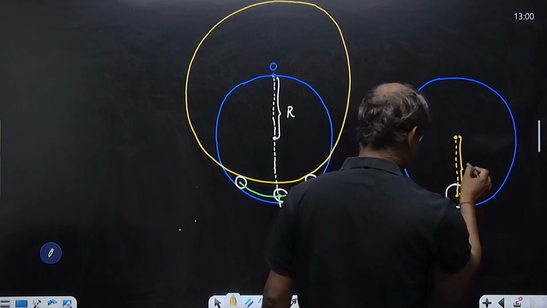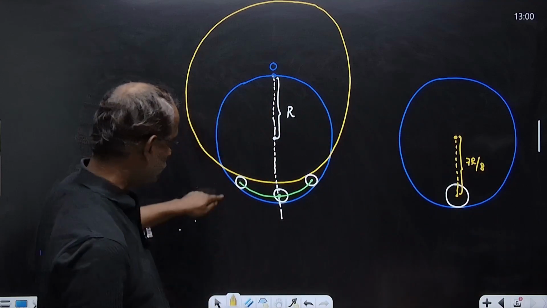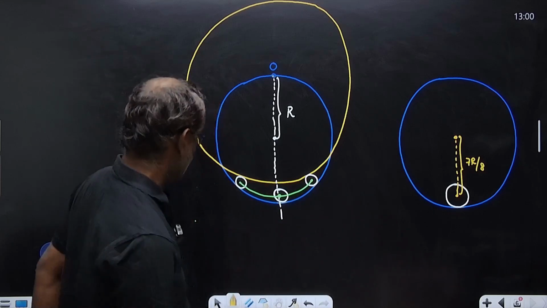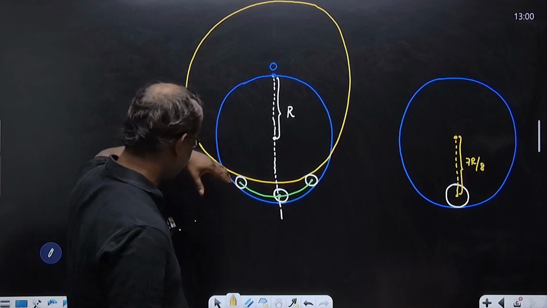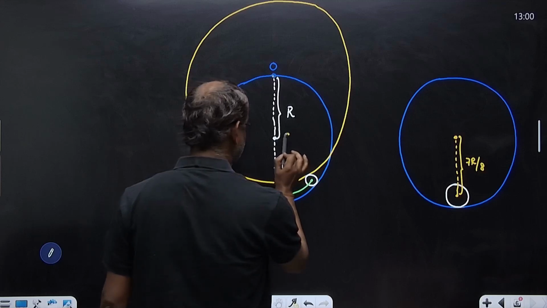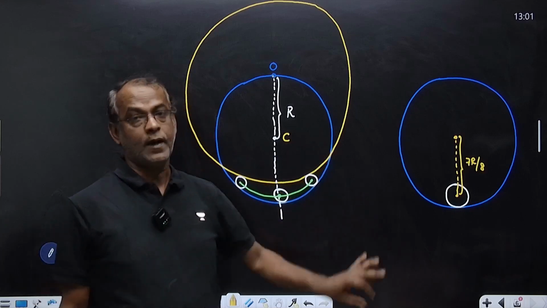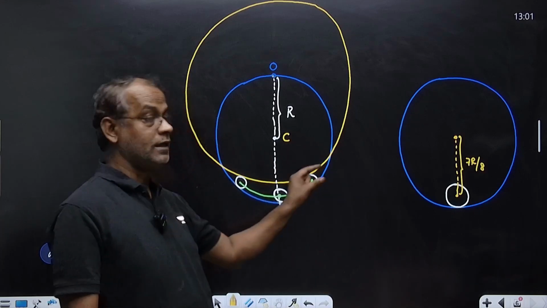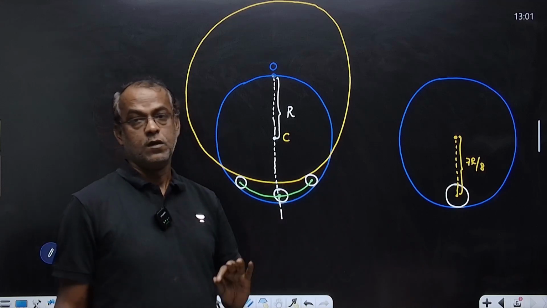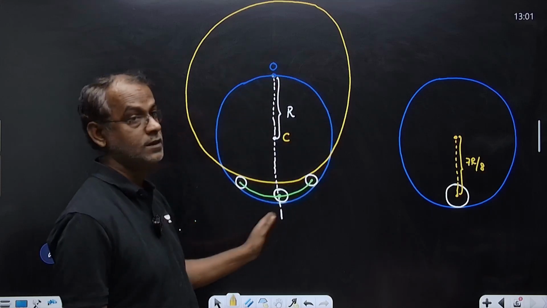Distance between the centers is r1 minus r2. The radius of this smaller circle is r by 8. So r minus r by 8. If it moves an angle theta, it is moving in a circle of radius 7r by 8, whose center is the center of the original circle. So this point is C. Our circle of radius r by 8 is moving in a circle. The center of the circle of radius r by 8 is itself moving on a circle of radius 7r by 8, because it is always touching this blue circle.